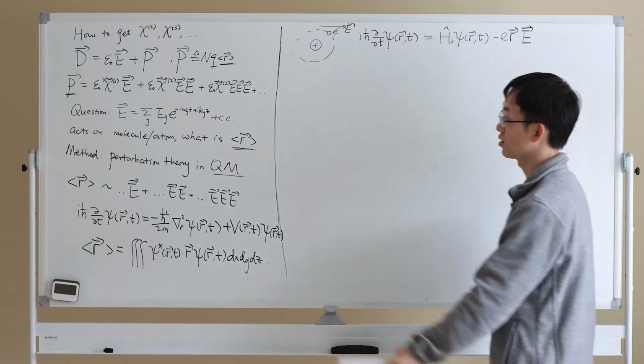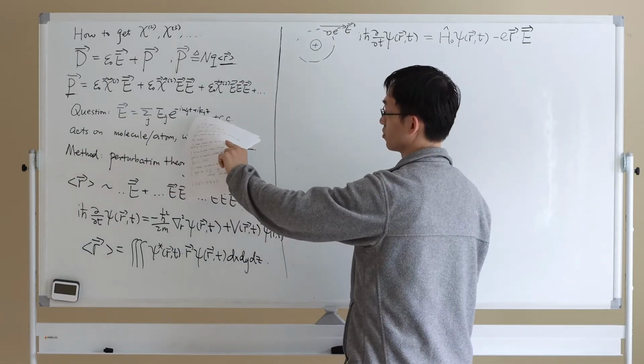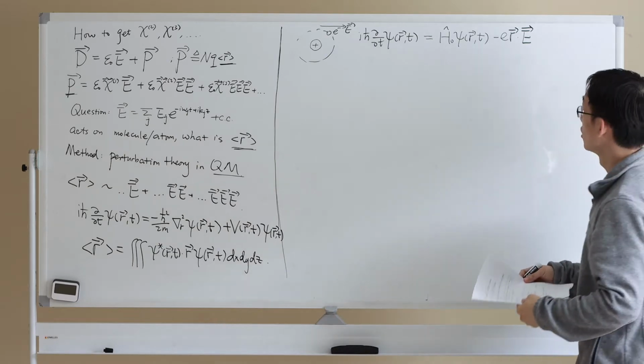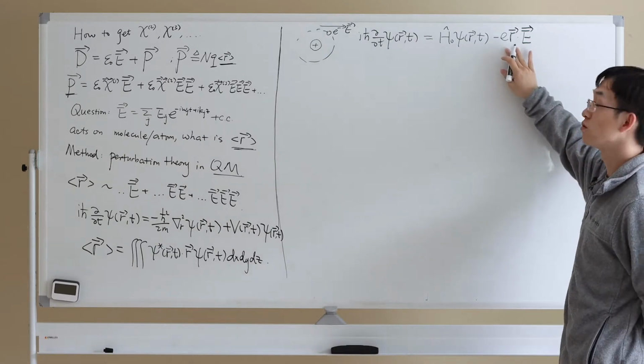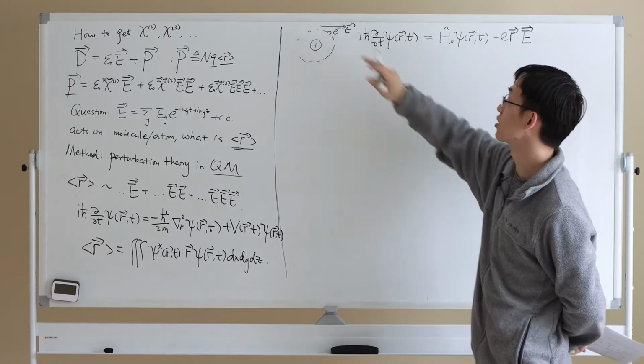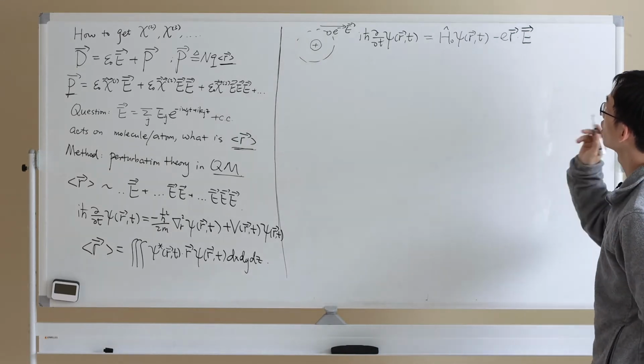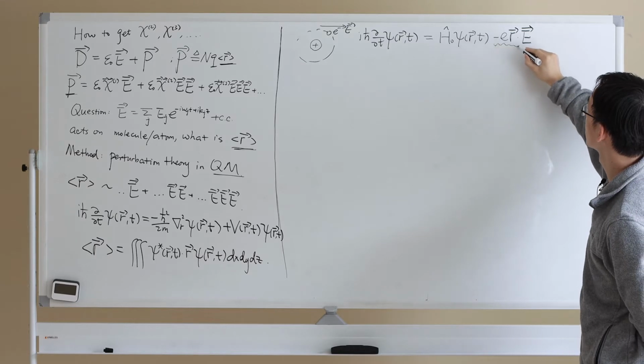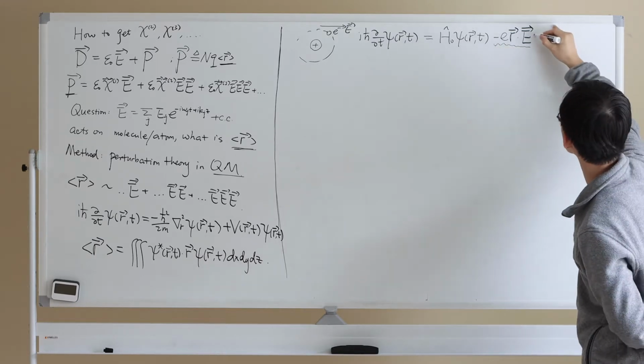Notice that the electrical field here is a function of time and position. And this is the potential energy of the electron in the electrical field. And what we can do is treat this as a perturbation signal.